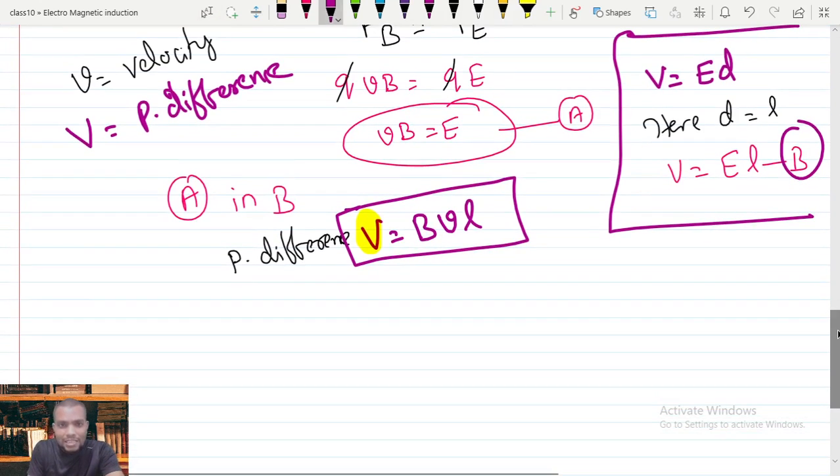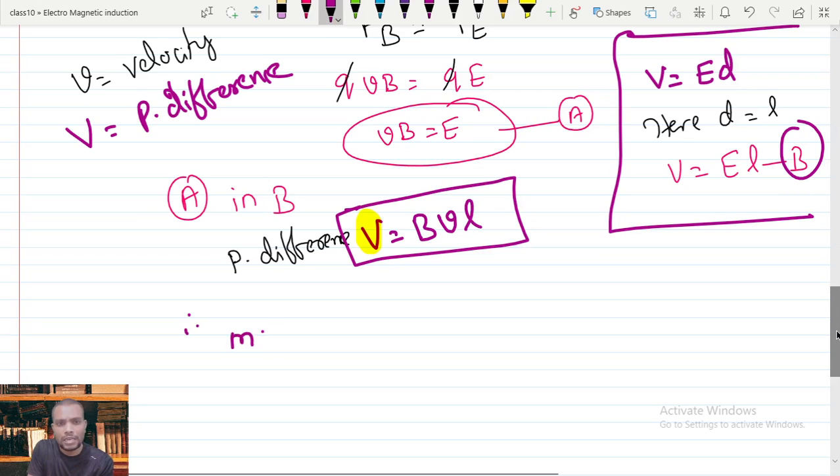Now clearly this potential difference is what we know as EMF. The magnetic force which is acting on the free electrons will maintain the potential difference, and this potential difference produces motional EMF.